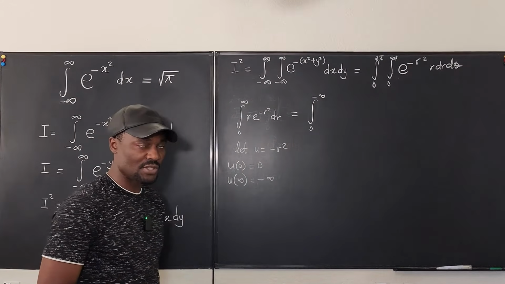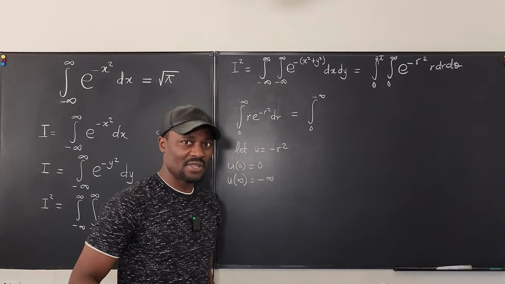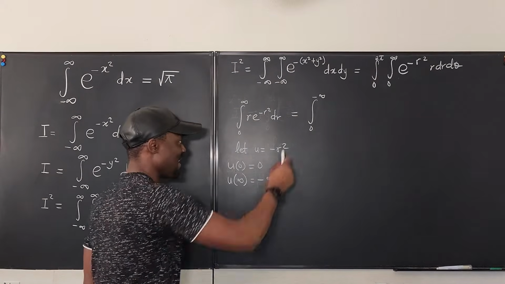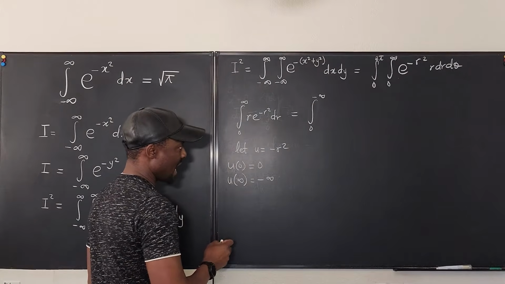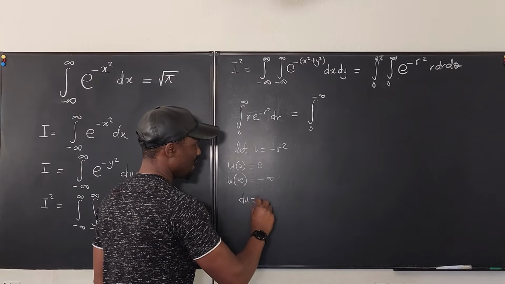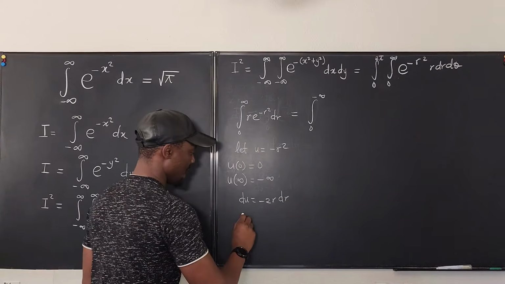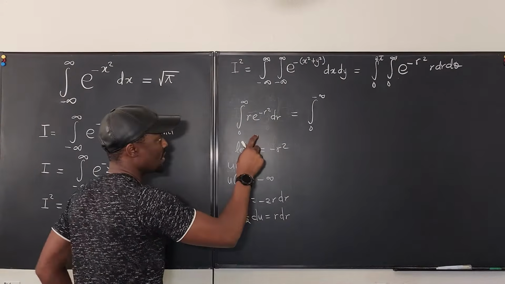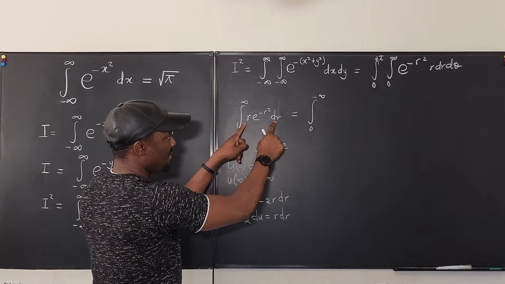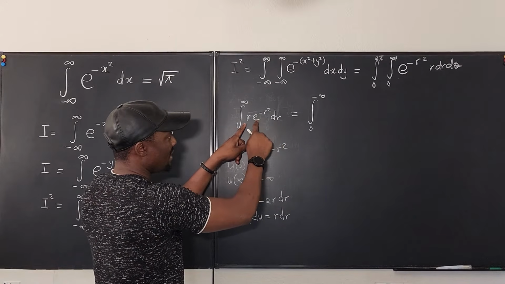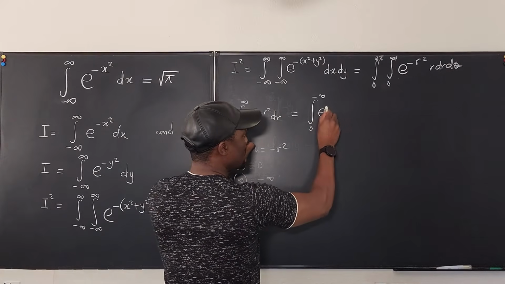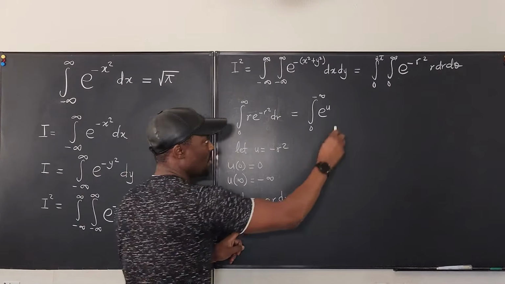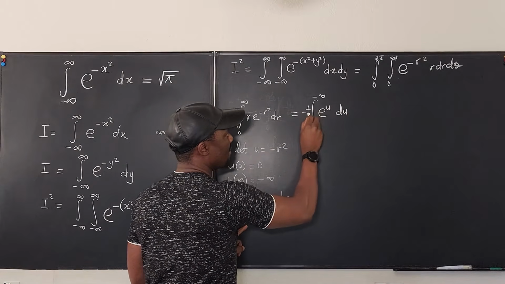Those are my two new boundaries. Do I want to switch them? Because I'm evaluating, I don't care. I'm just going to leave it that way and take the limit when it's time. So that's what I have. Now let's find our du. du will be negative 2r dr, so negative 1/2 of du will be equal to r dr. So I can replace r dr with negative 1/2 du, and I have e to the u in the middle, but I'm going to put negative 1/2 on the outside.